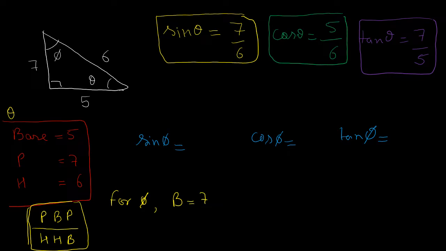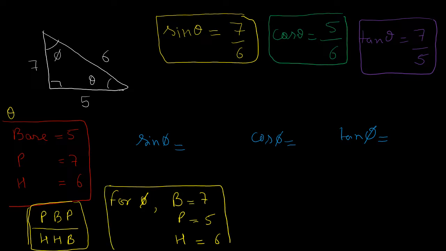This is the 90 degree, so this will be the perpendicular, so perpendicular will be 5 and the hypotenuse will be the 6 again. So now you need to just see which angle we are choosing.